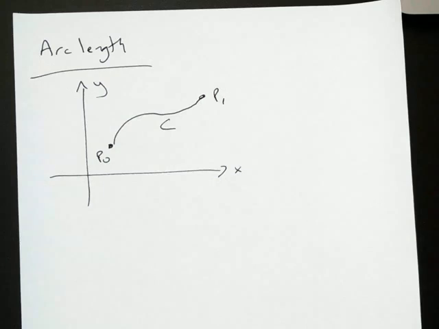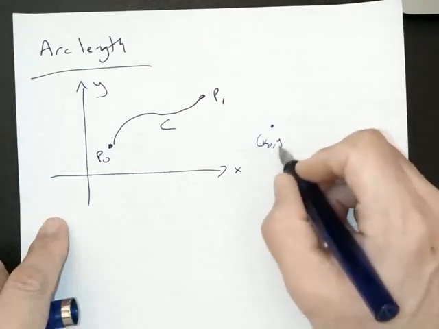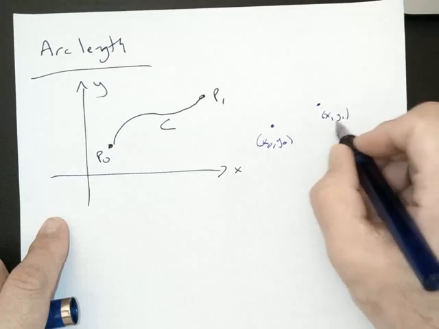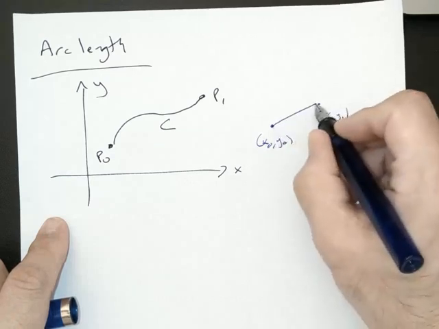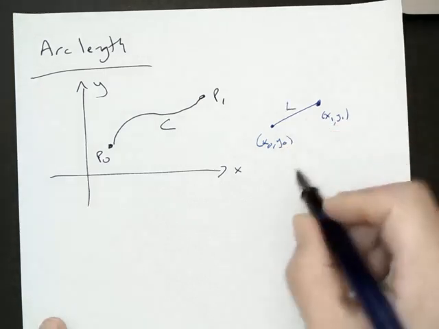But we do know how to take the distance between 2 points, right? If I had a straight line, the length of that line segment comes from the distance formula, from Pythagoras.